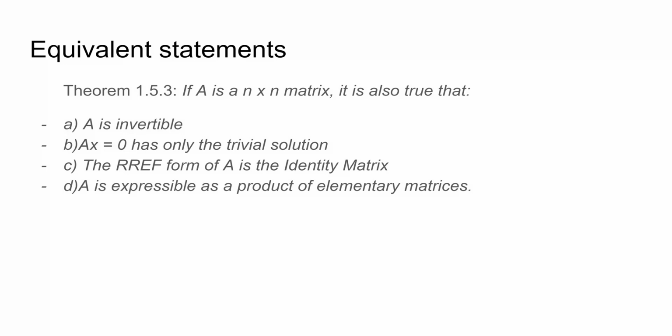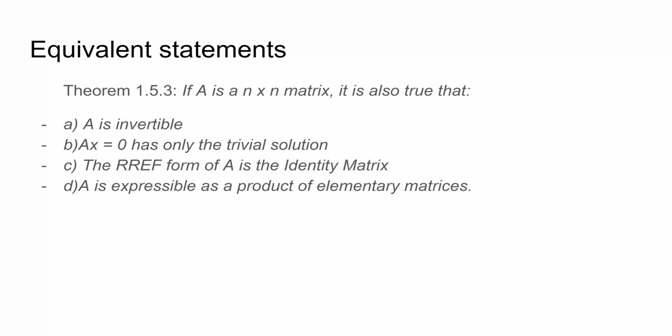So basically this is saying that if A is a square matrix, n by n, it has to be invertible. If it is invertible, then the RREF form of A is the identity matrix.